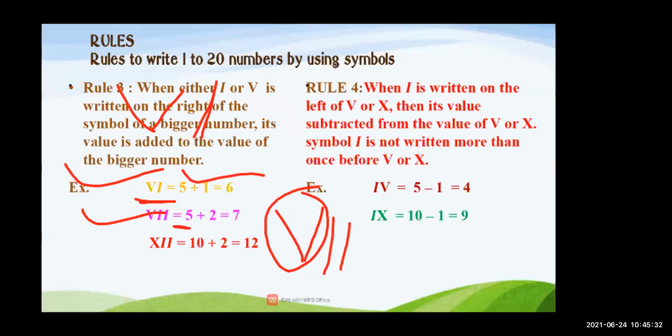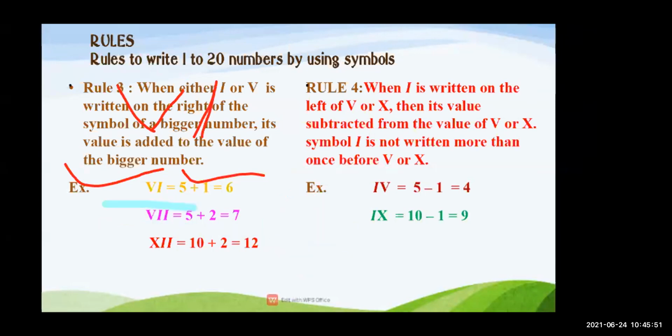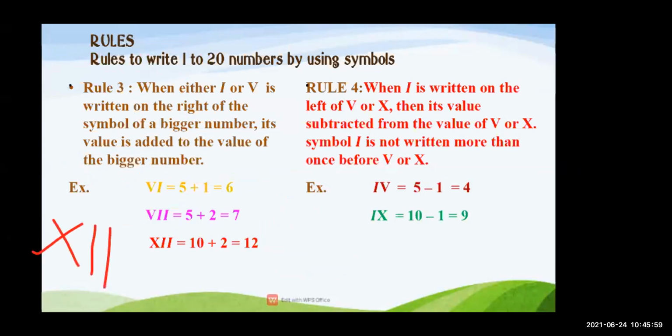So you have to remember that whenever we write I on the right side, that time you are going to add it. Now the last example, it is written XII. X means 10 and II means 2. So what do the Roman numerals make?